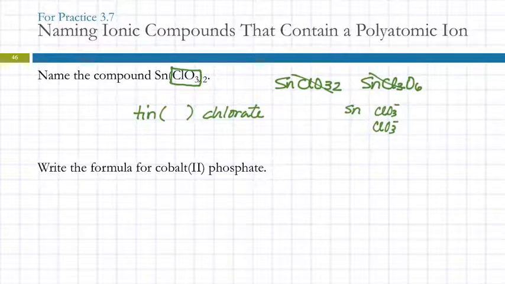The formula, I'll erase that box so we can see it a little better, is showing me I only have 1 of the tin ions. So if I look at these, I've got a total of -2 charge there. I need a total of +2 charge here. And there's only 1 of those, so it must have the +2 charge.